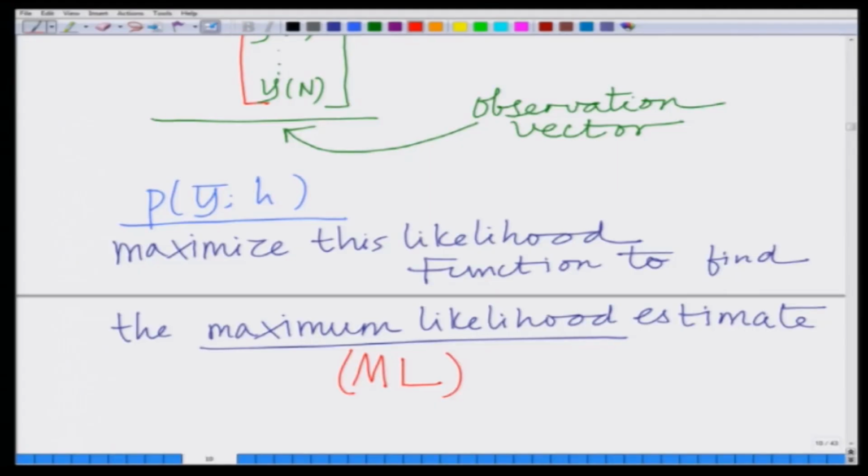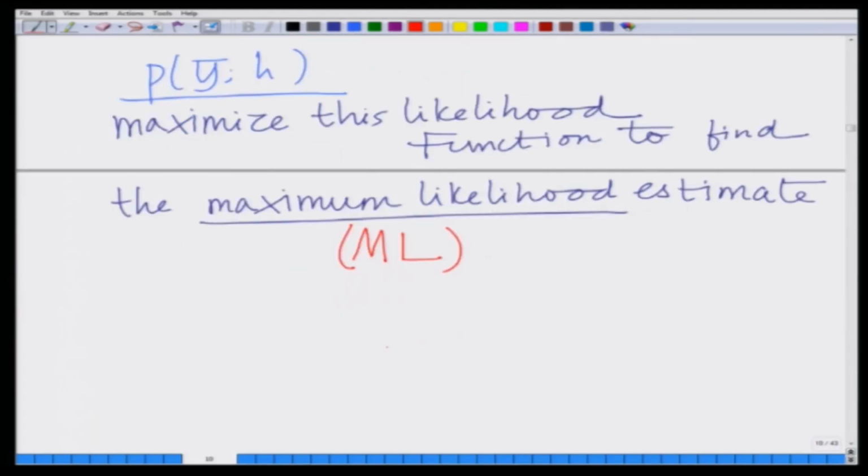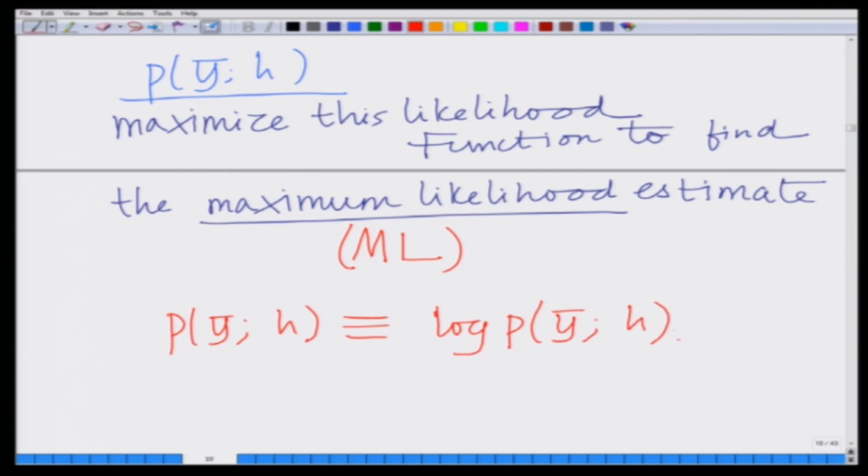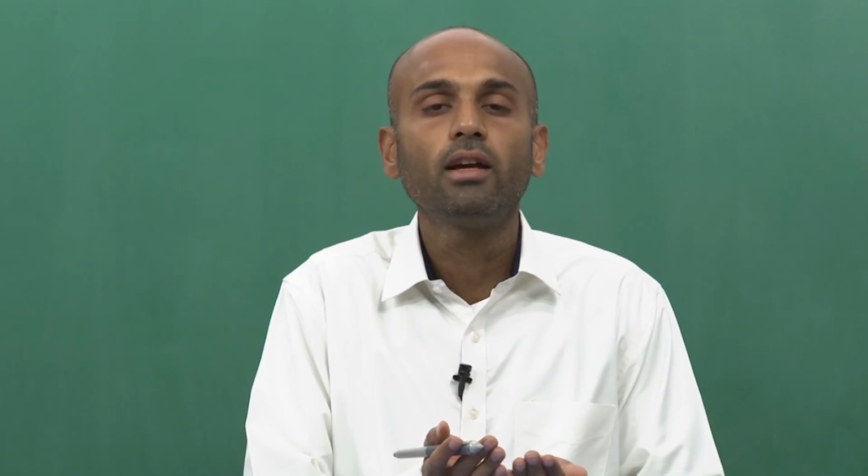Now, instead of maximizing P of y bar parameterized by h, I can also maximize the log of P of y bar parameterized by h, because if the function is maximum, the logarithm is also maximum, since log is a monotonically increasing function.